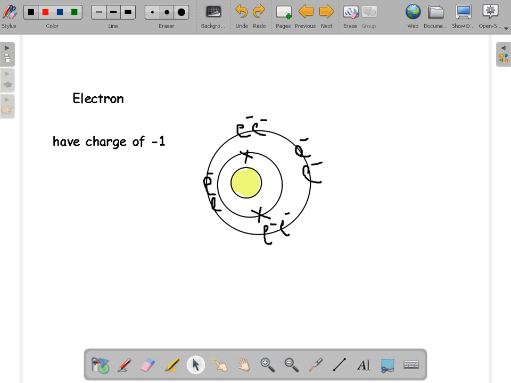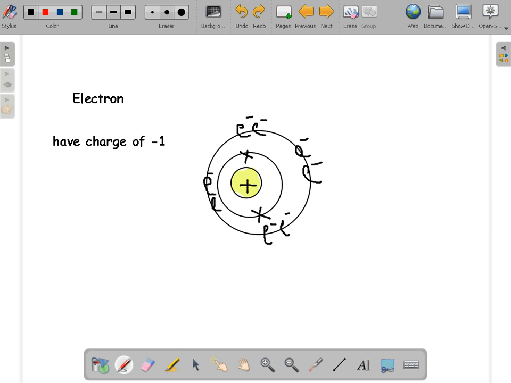So they are attracted towards the positive protons within the nucleus, which keeps them stable and in their orbits, just like gravity pulling all the planets towards the sun. The nucleus has a positive charge due to protons, and the negative electrons are within the shells around the nucleus.